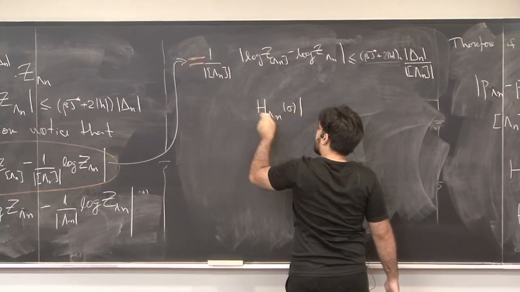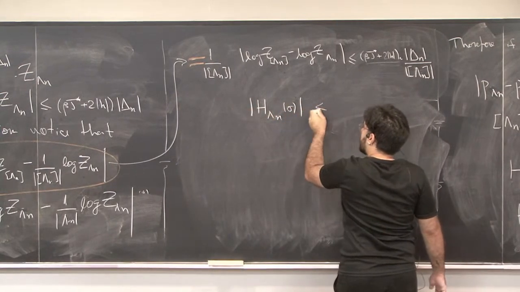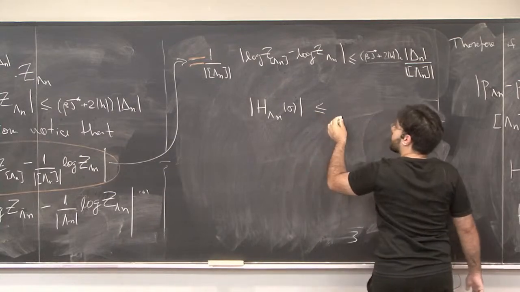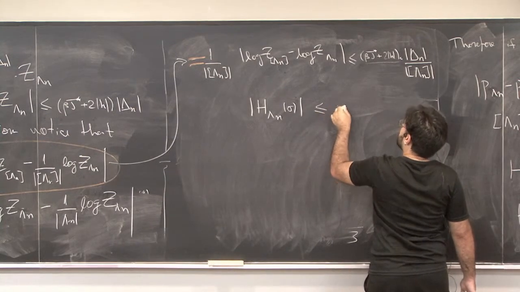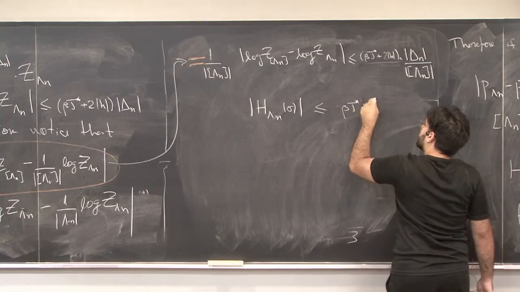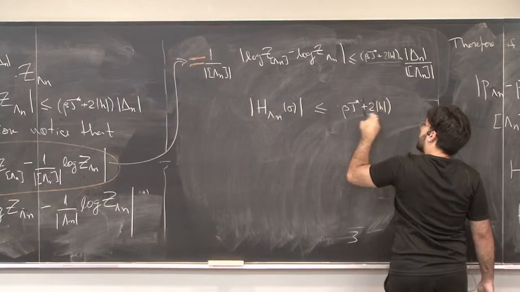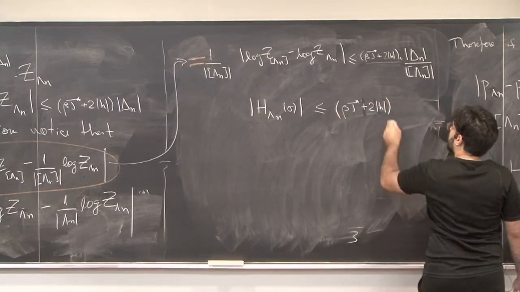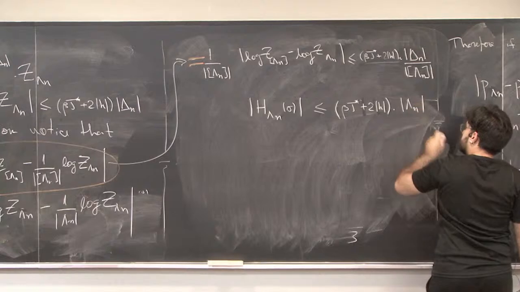So this means that I have this inequality here, beta j star plus 2h times the size of lambda n.